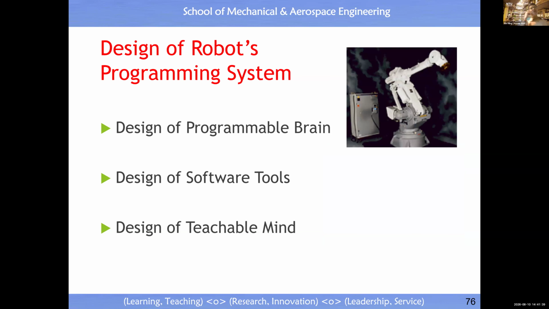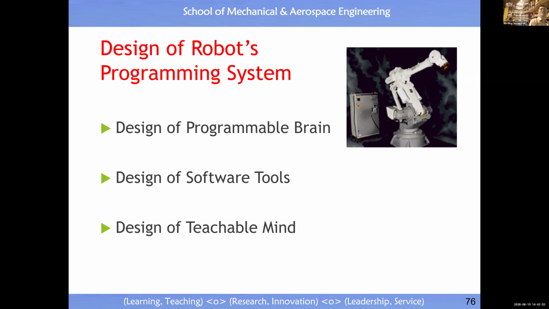Then the programming system is also a very big topic, because for this system, you must know the design of an electronic brain and also AI. AI basically, you must think in that way: AI is about the study of the design of a teachable mind.